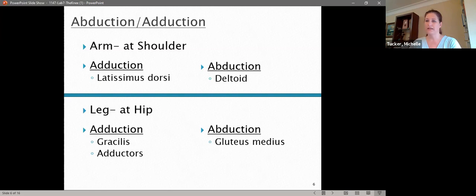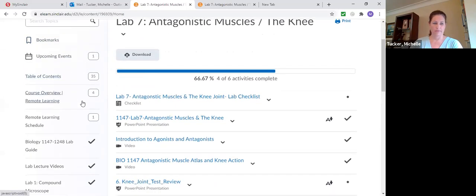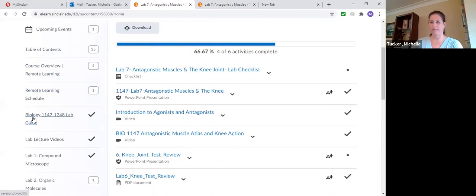You were given the option of purchasing a hard copy and picking it up at the bookstore, or it's in your shell under biology lab guide.